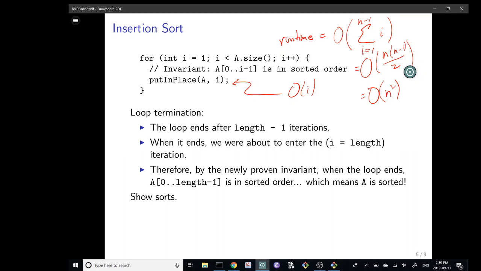Pick up the next card. Am I smaller? Am I smaller? Am I smaller? Yes. Pick up the next card. Am I larger? Am I larger? No. Smaller, smaller, smaller. Okay, that's insertion sort, right? Insertion sort does that. Selection sort does something else, but when is insertion sort fast?